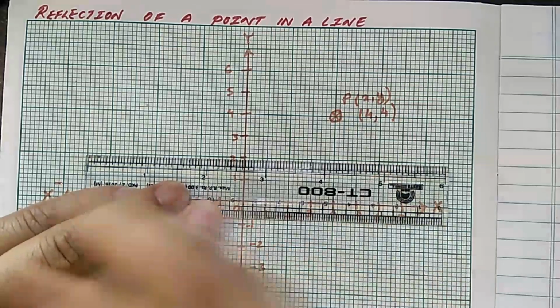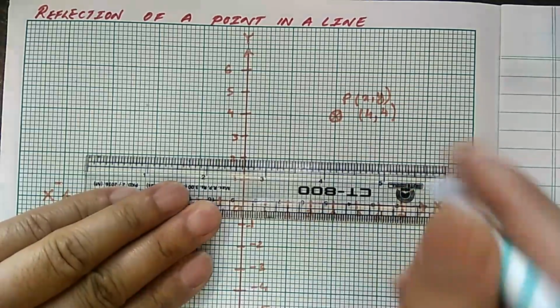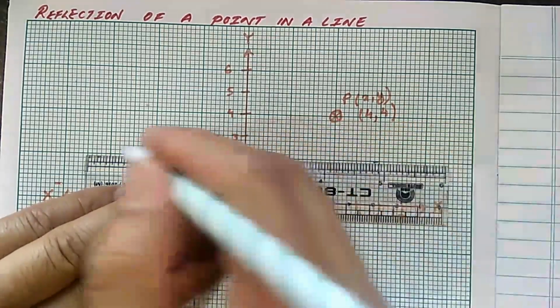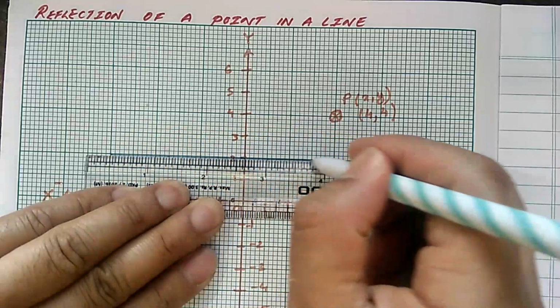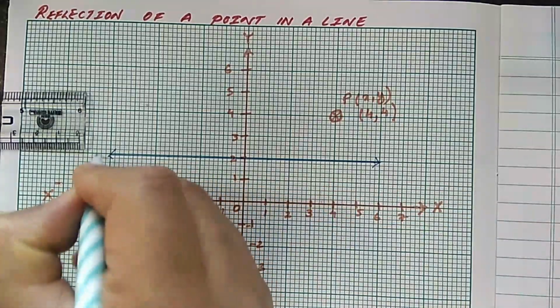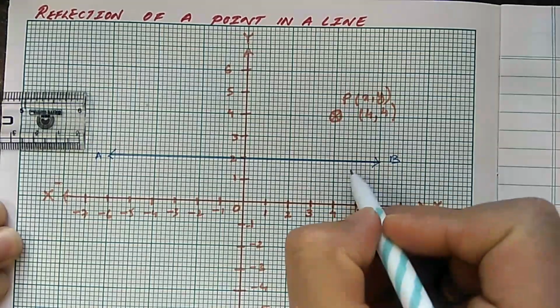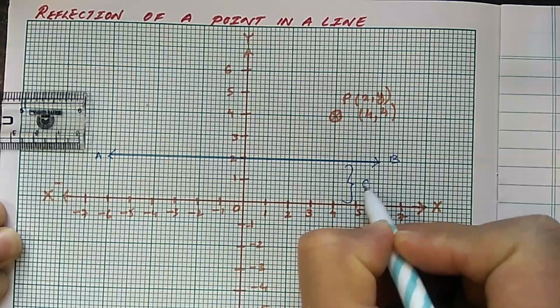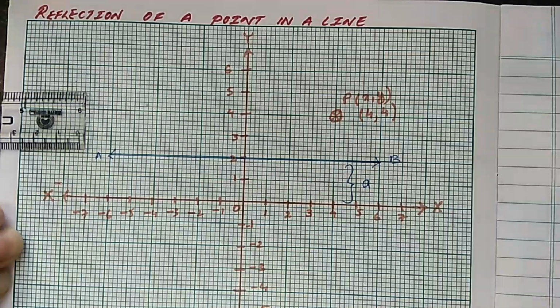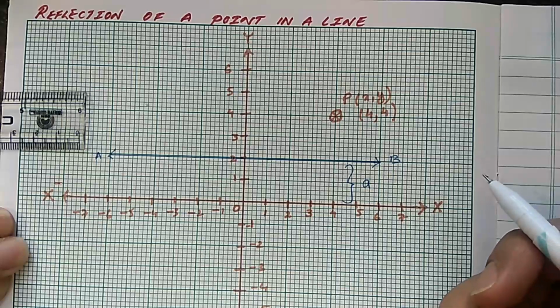For that we have to draw a line parallel to x-axis. So suppose this is a line parallel to x-axis. This is one line, suppose AB, parallel to x-axis and at a distance a from the x-axis. Then where will its image be formed?